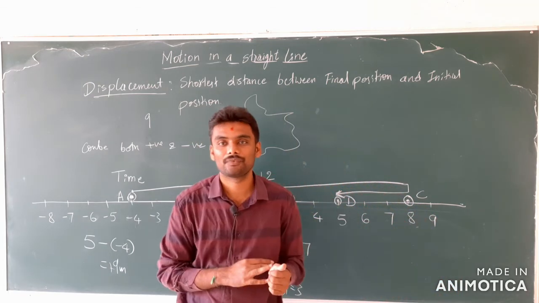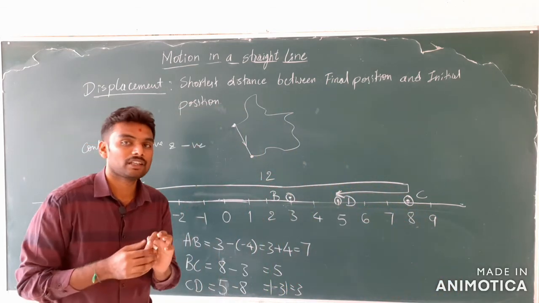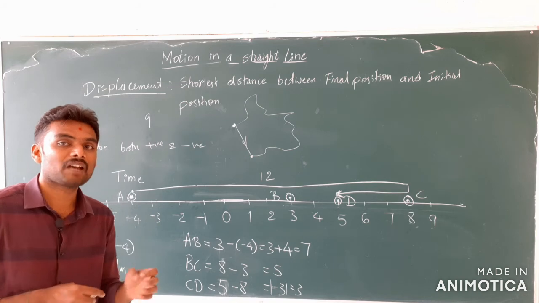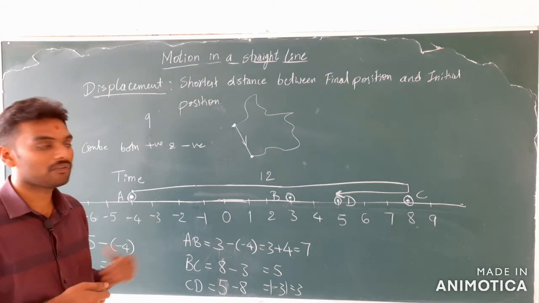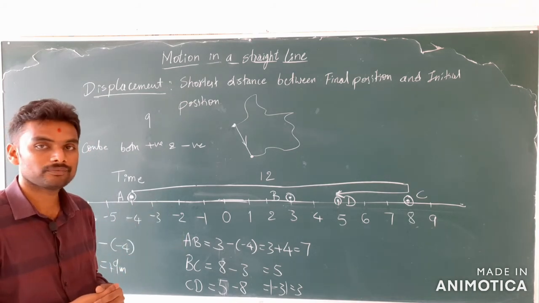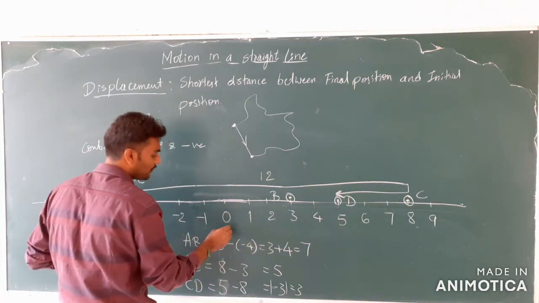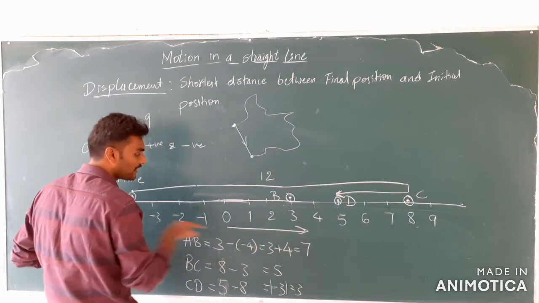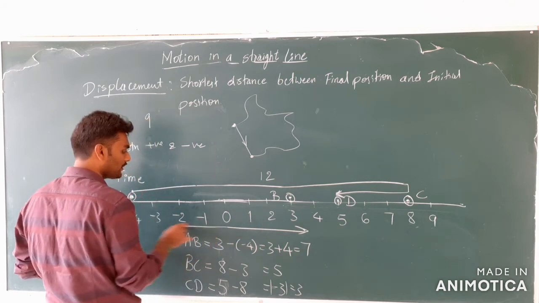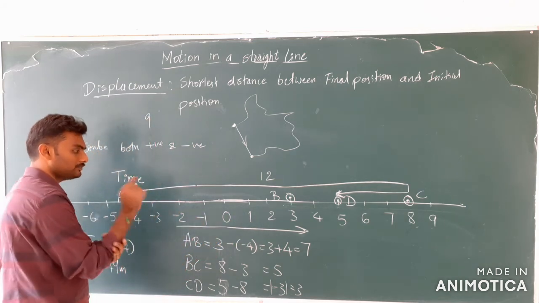What is that? The negative sign gives us the idea that the motion is happening in the opposite direction of the coordinate. So see, this is the actual direction of the coordinate. From 0, positive goes here. So that is how the direction is. It's always like this.